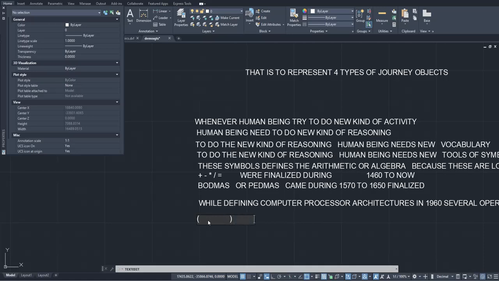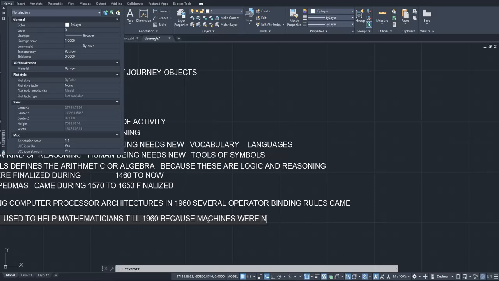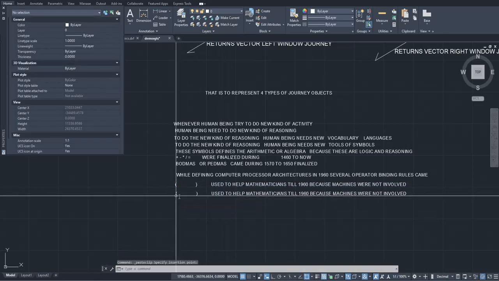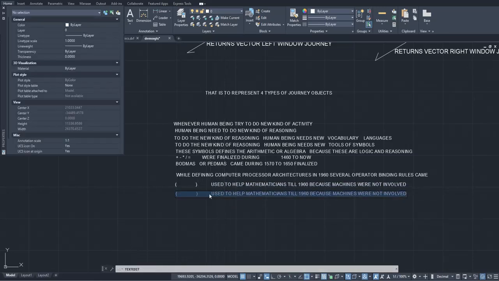These parentheses used to help mathematicians till 1960, because machines were not involved. Human beings could do all the ordering. Humans used this bracket only to manage the first thing first.